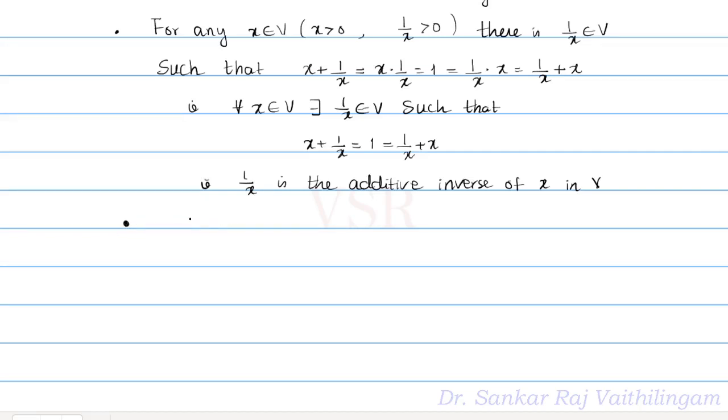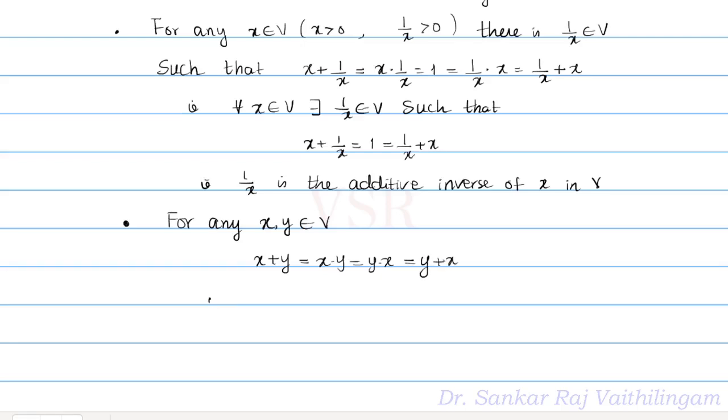That is for any x comma y belongs to capital V, this x plus y, which is equal to x into y, and we know that x into y is equal to y into x, because multiplication in R is commutative. So I can write this is equal to y plus x.